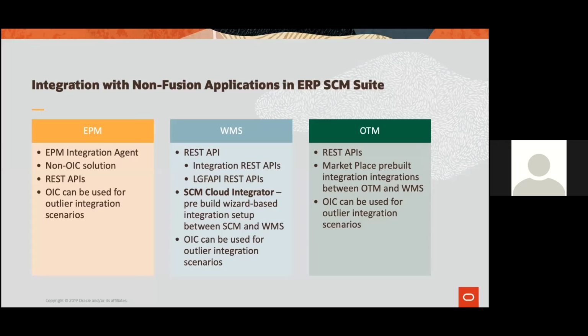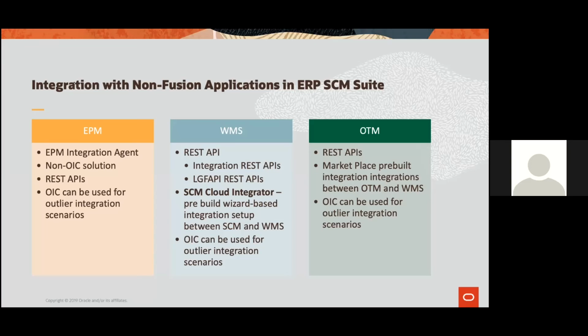If you want to do integration, EPM has a direct integration with ERP. EPM provides something called EPM integration agents. It's a non-OIC solution. EPM also has REST APIs, but in the scenarios we have seen, EPM is very tightly integrated with ERP. You really don't need to do anything extra. But if you still have outlier integrations, you can use OIC.